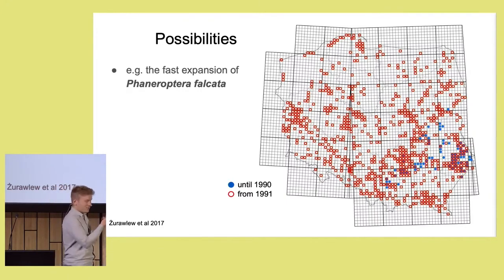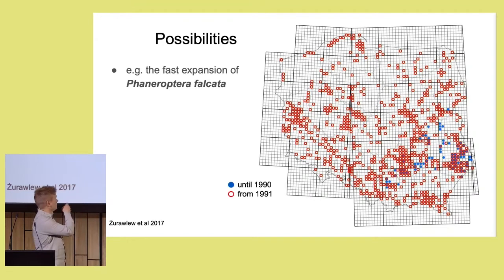For example, this example has been shown before from the Netherlands, and here the resolution is a bit lower in terms of years, but you can see the extreme expansion of Phaneroptera falcata in Poland.